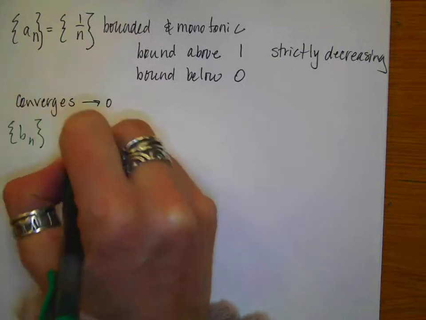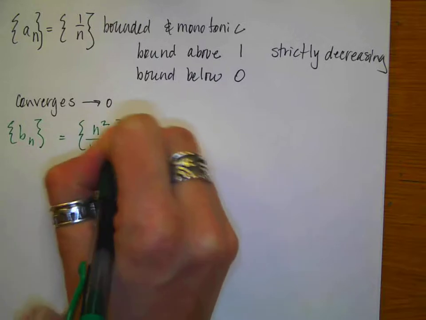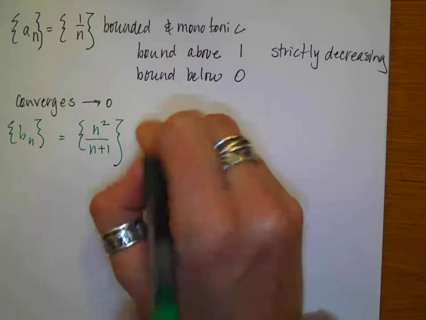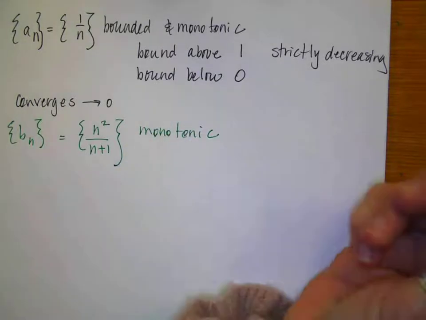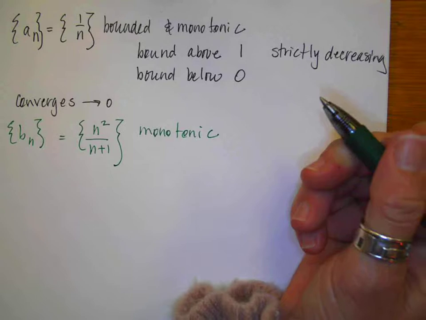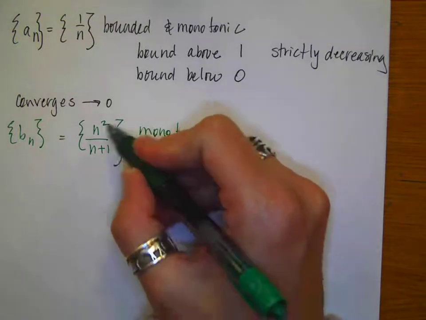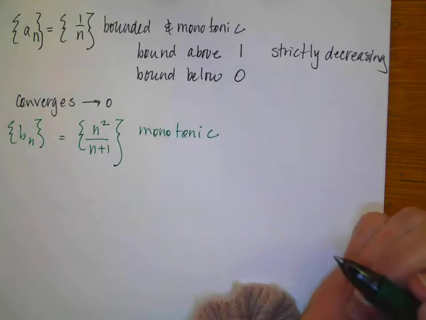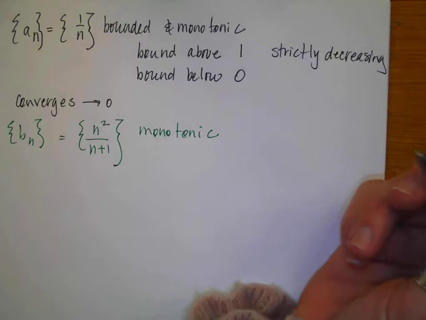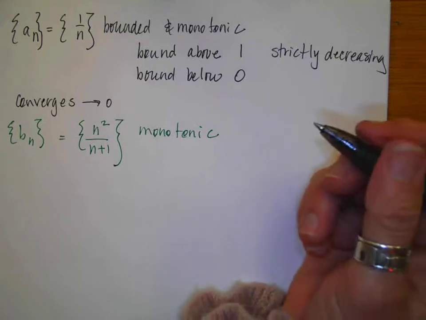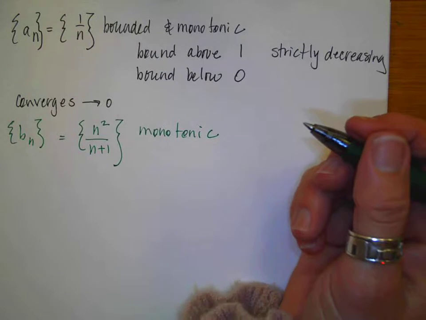Okay? All right, for my next example, I'm going to have the sequence b of n is equal to n squared over n plus 1. Okay? This one is monotonic. And remember that if you're unsure, you could put this in your calculator. You could put your calculator in sequence mode, and then you could put this in, put in an n as 1 or 0, and then you could look at the graph of your sequence.